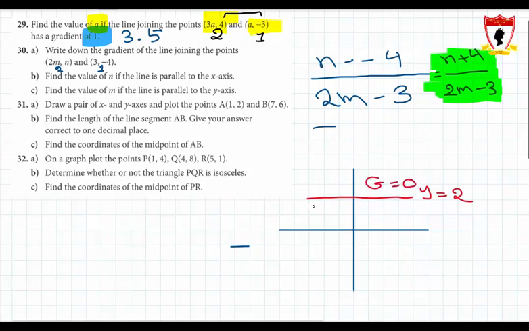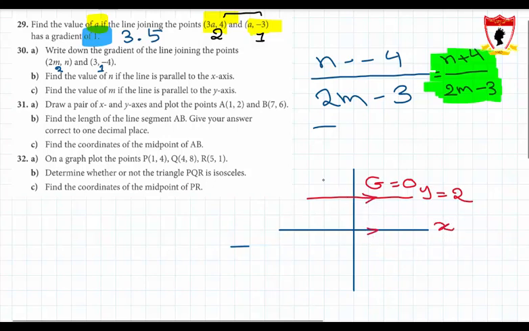Remember this, when any line is parallel to the x-axis, or in other words, the gradient of any horizontal line is 0. So how can we make this gradient 0? Because the question says find the value of n if the line is parallel to the x-axis. This red line is parallel to the x-axis.